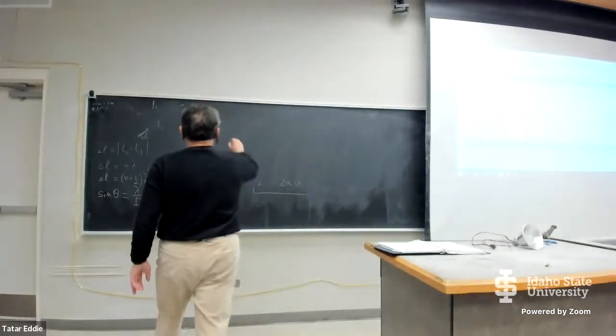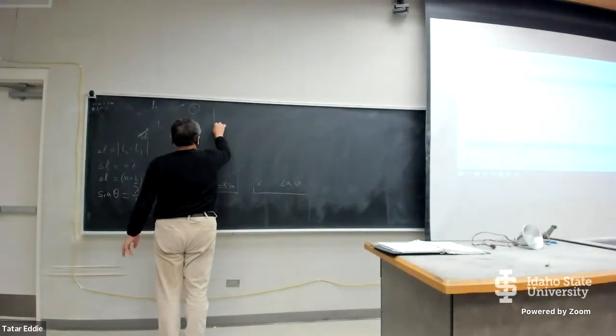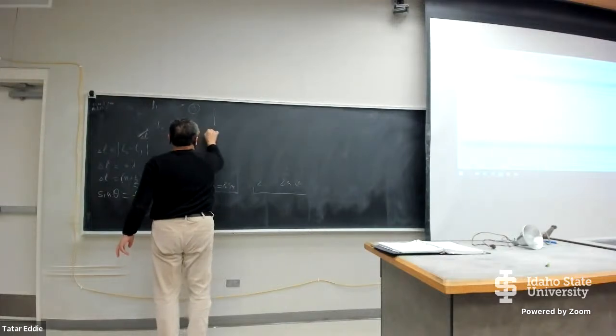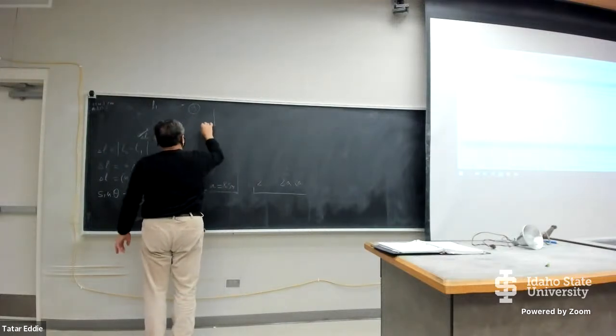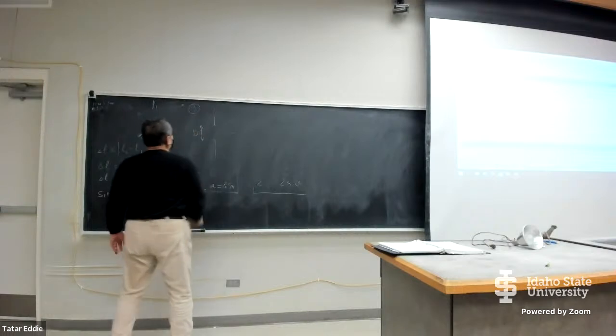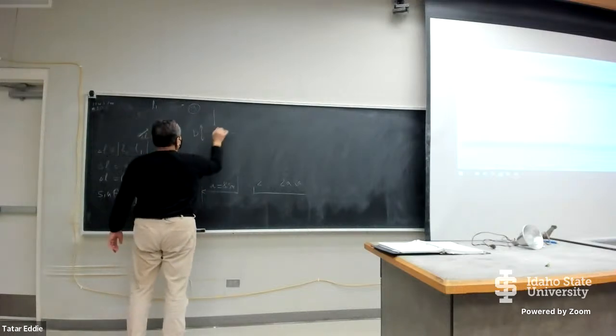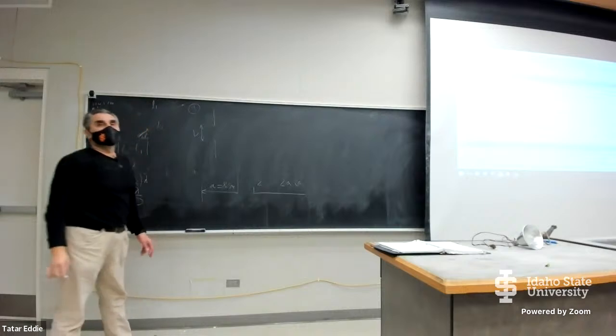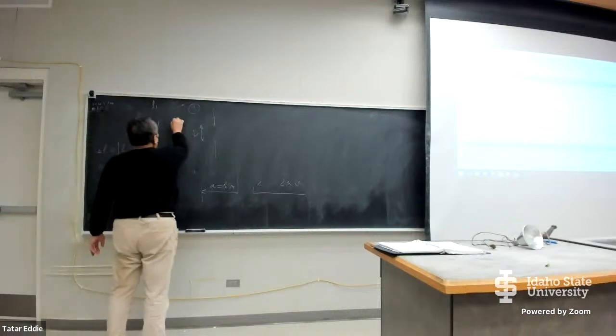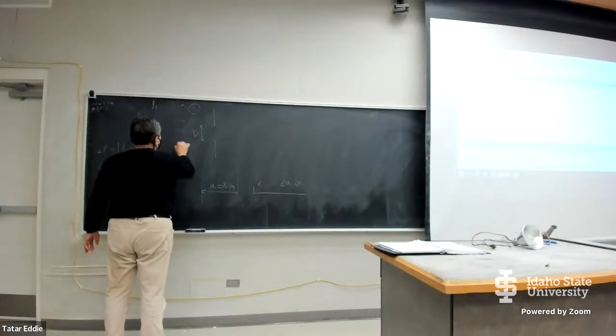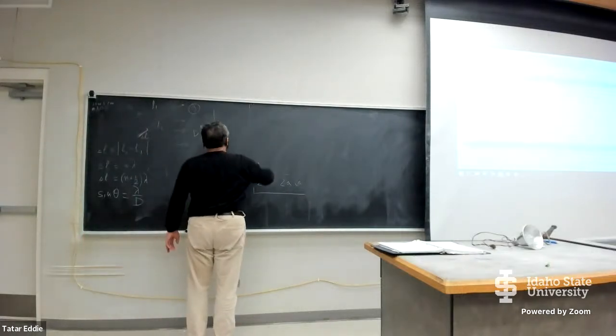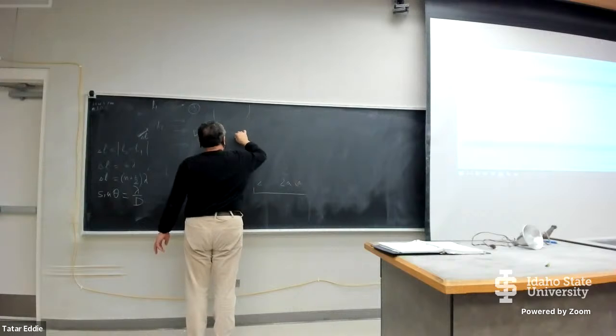Here is the diagram, and let's say capital B is the original single door width of the opening. The sound waves come here, and on the other side, they form a diffraction pattern.